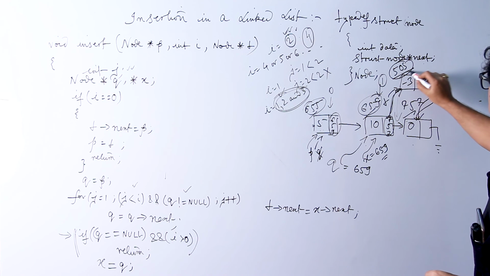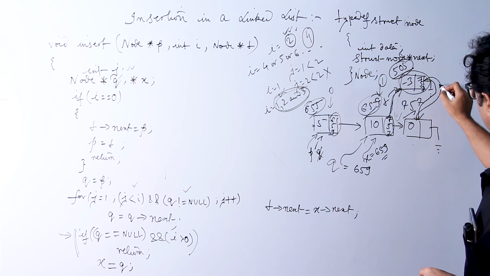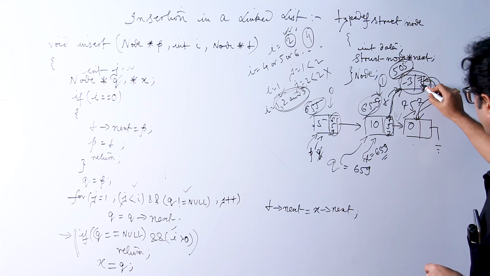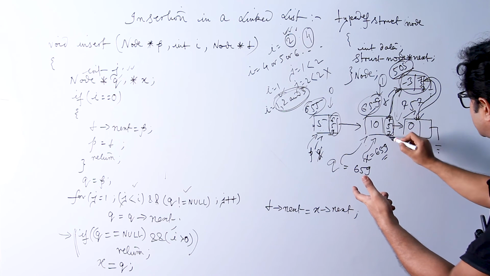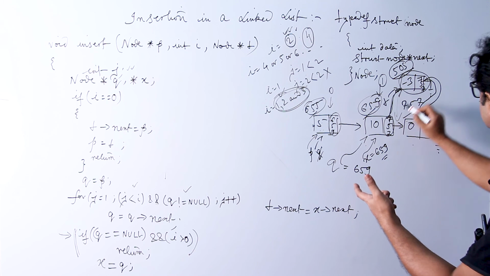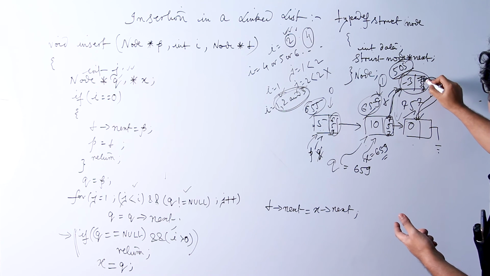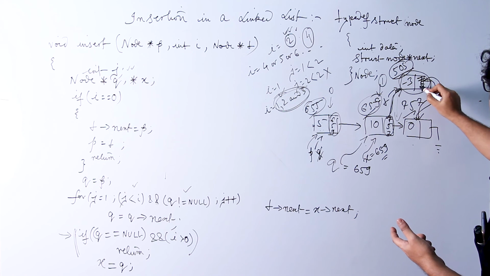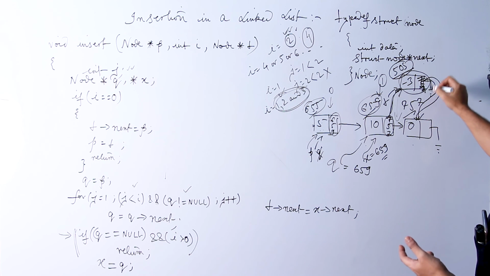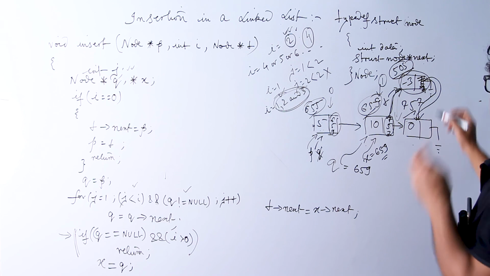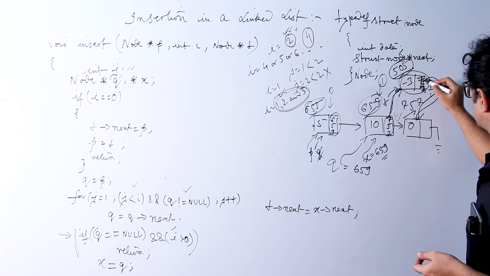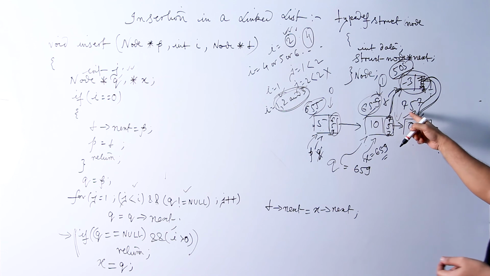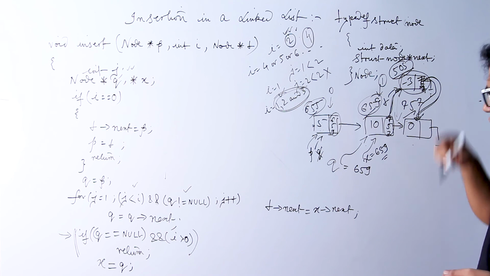So T next was null before and now T next value is to be updated to x next. Whatever was in the x next, that is 757. So 757 will be assigned over this T next value. So this pointer never points to null now, it points to this node, that is 757 numbered node.